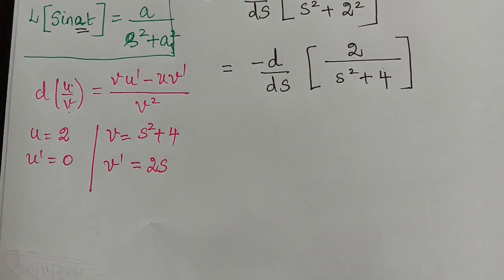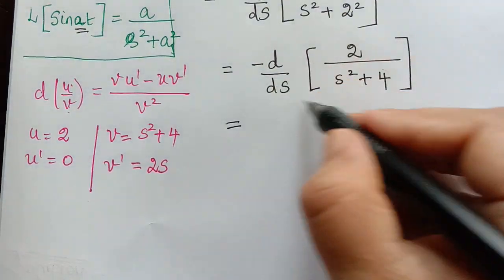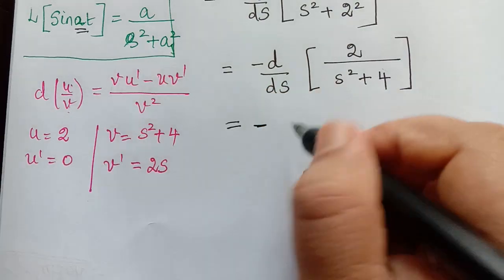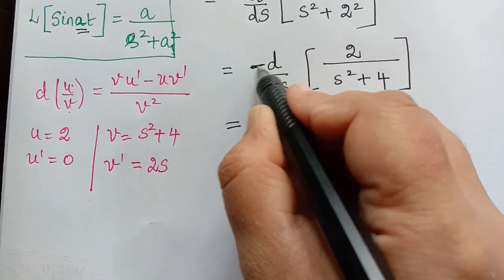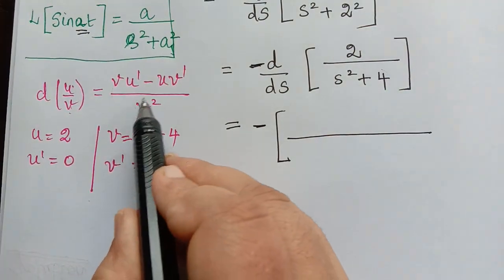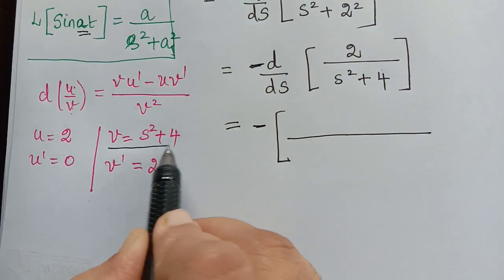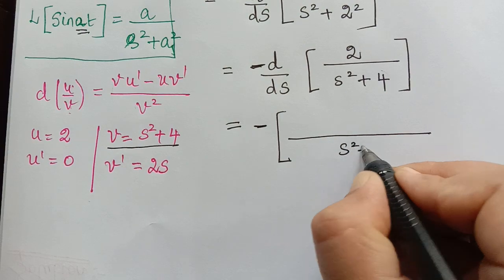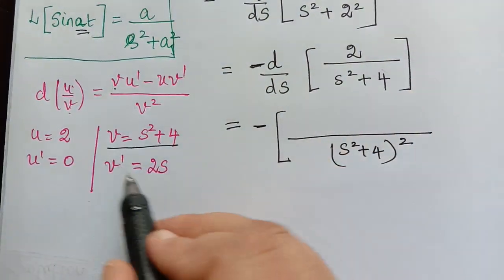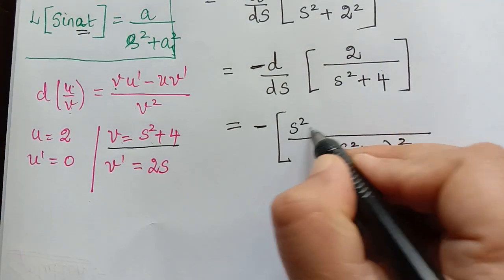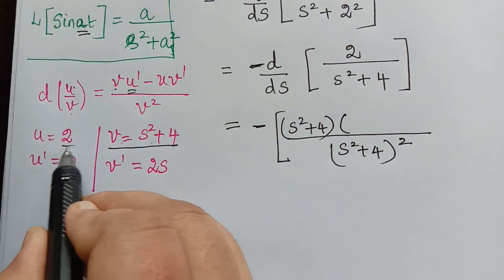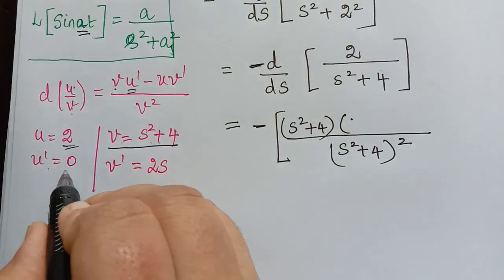So after differentiation we have to apply this formula. So negative, because we have a negative sign here already. Negative multiplied with, we have v square in the denominator. What is v? It is s square plus 4, the whole square. And then v is s square plus 4, which has to be multiplied with u dash. What is u dash? It is 0.